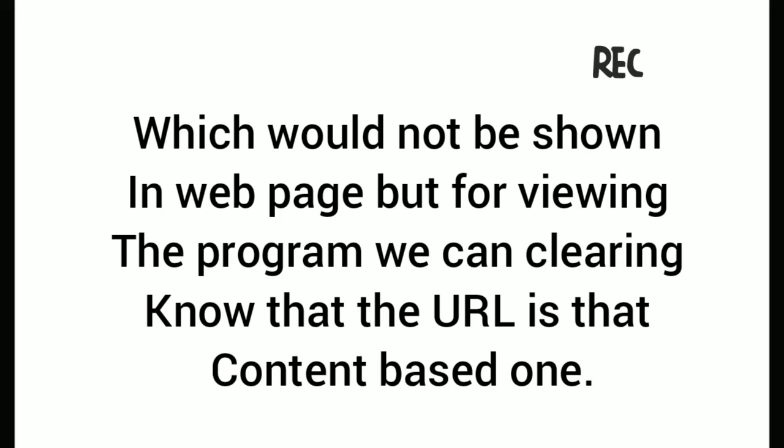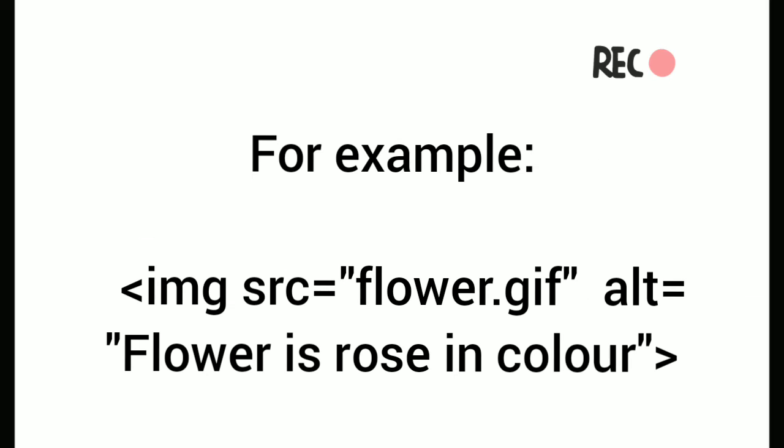It would not be shown in the web page, but by viewing the program we can clearly know what the URL content is. It's easy to do in image programming.